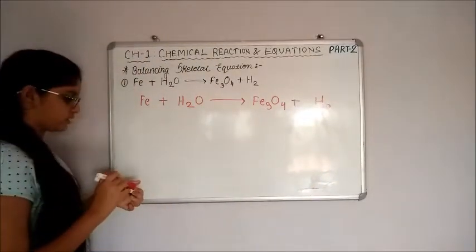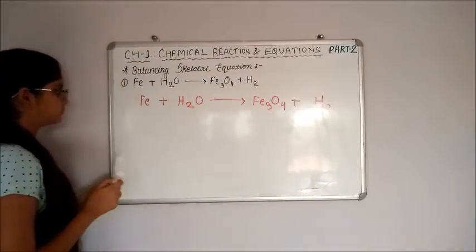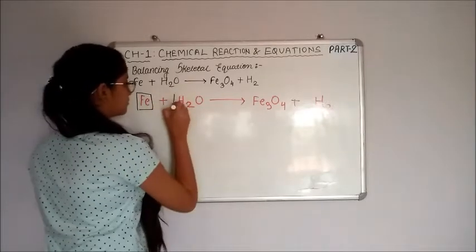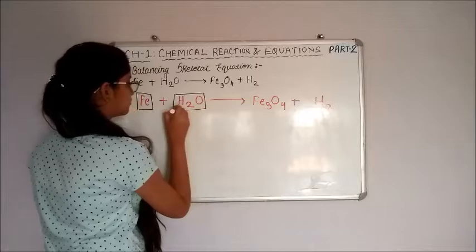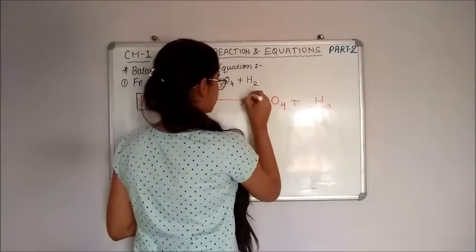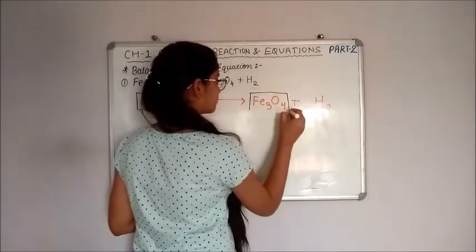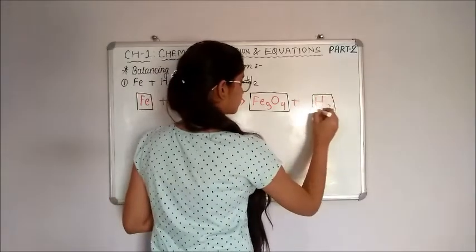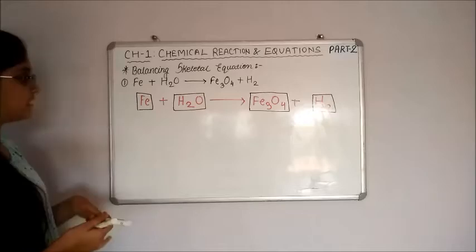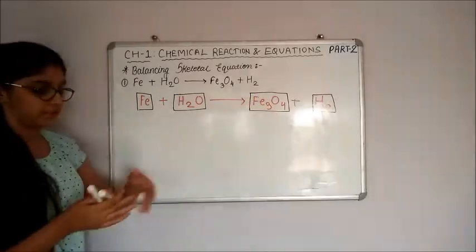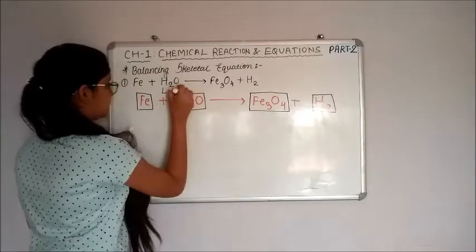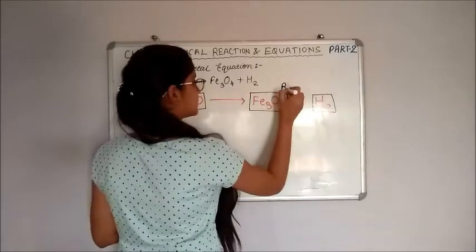Now we'll draw boxes. Now let us consider this to be the left hand side and this to be the right hand side. So it becomes LHS and it is RHS.